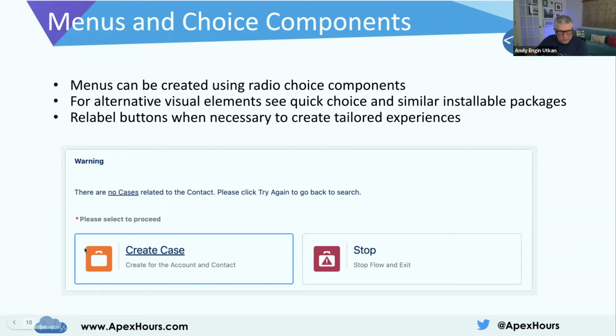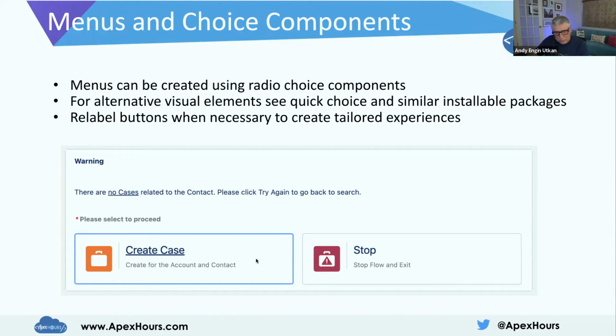I can decide what icon to use here. These come from the Lightning Design System standard icons. I can use and reuse the standard object logos, for example, as icons. And these come with several options that change your experience.